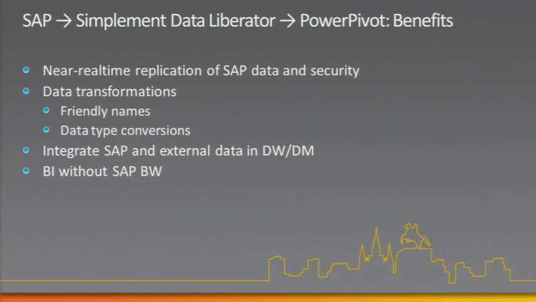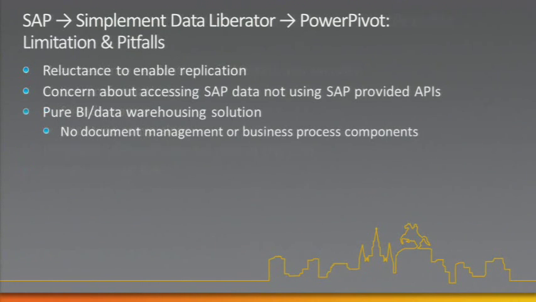So here are the benefits: you get near real-time replication of the data, also of the security. They've already done some transformations for you, and you can integrate data in your data warehouse. And again, another benefit here is you're getting BI without SAP BW, so you're saving both headaches and licensing costs.